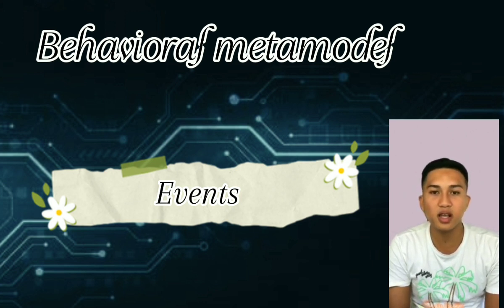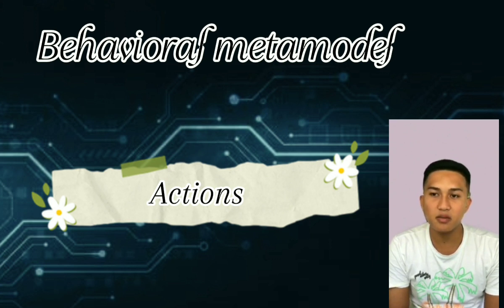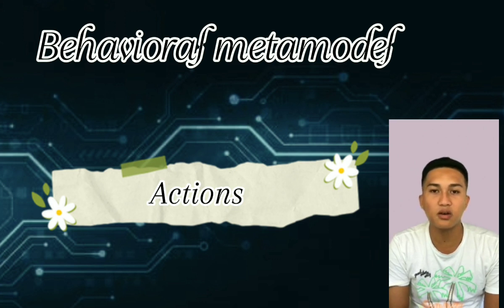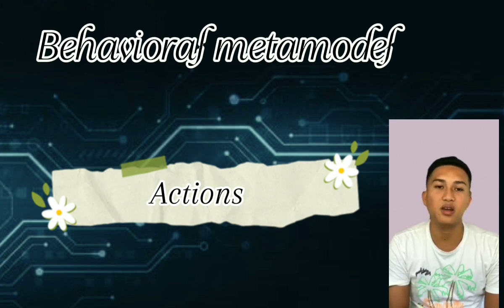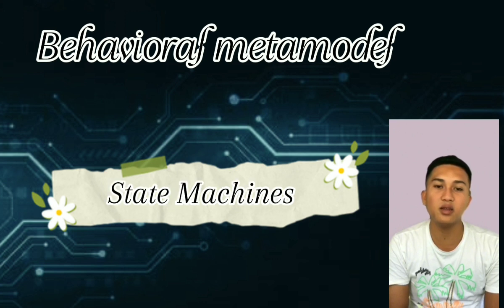or system-generated notifications. The fifth one is actions. Actions represent the operations or tasks performed by the system in response to events or as a part of system behavior. They capture the processing logic and transformations that occur within the system. And the sixth one is state machines.